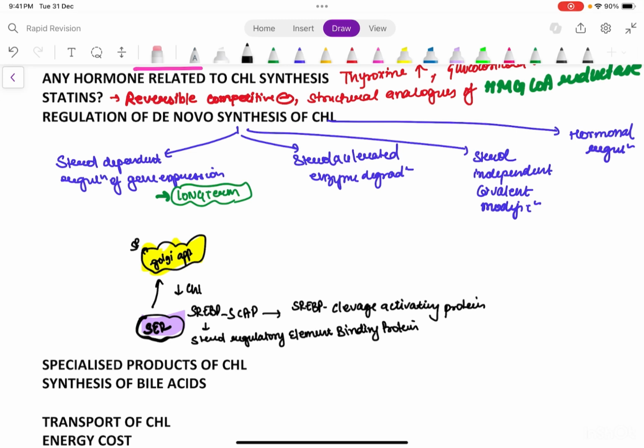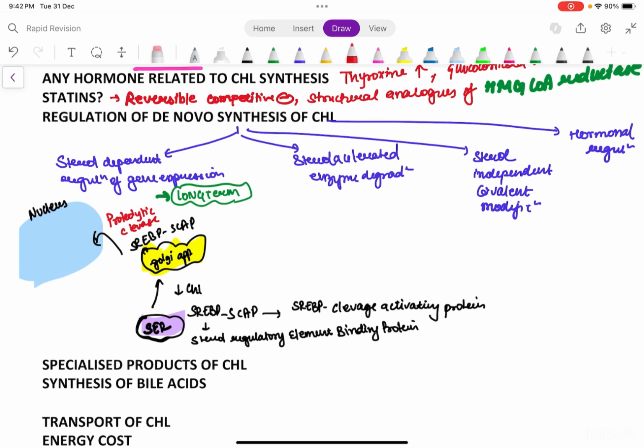Then over here we have the nucleus. In the Golgi apparatus, the SREBP and SCAP is transferred, and here we will have proteolytic cleavage.